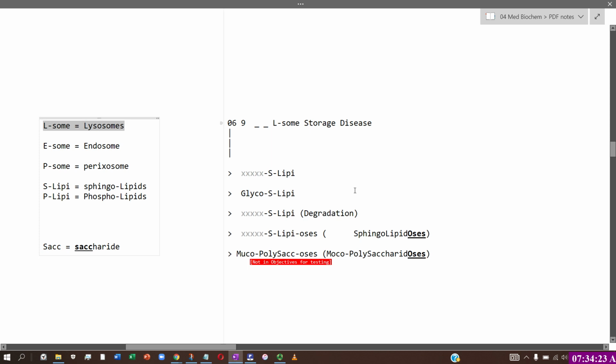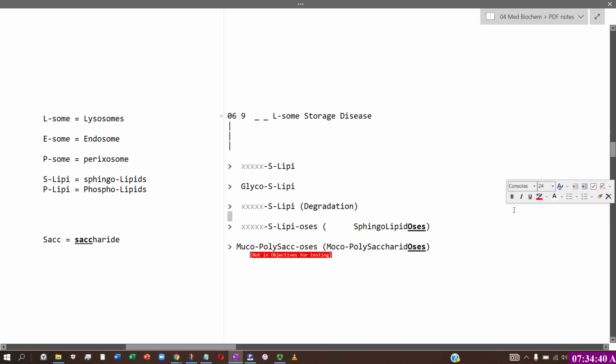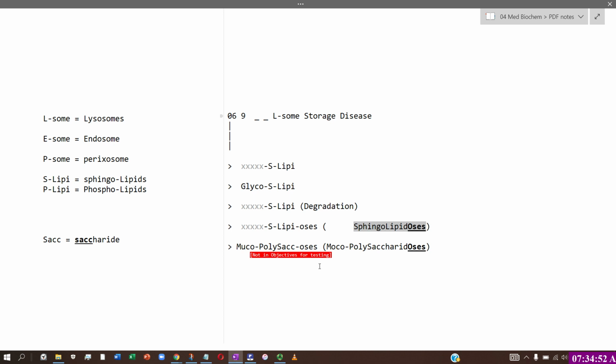So we have S-lipid, which is a sphingolipid, and then glycosphingolipids, and then we have sphingolipids again, but here it talks about degradation of sphingolipids, and then we have something called sphingolipidosis and something called mucopolysaccharidosis.